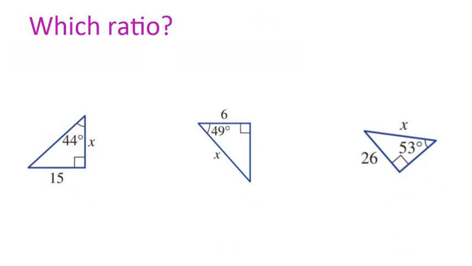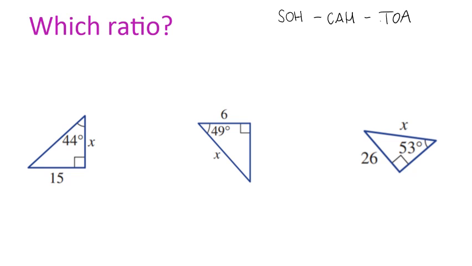Let's practice deciding which ratio. So up the top here, I would write SO, CA, TOA. And we're going to use this to decide which one. So this first triangle here, I've got to label the sides. It hasn't already been labelled for us.